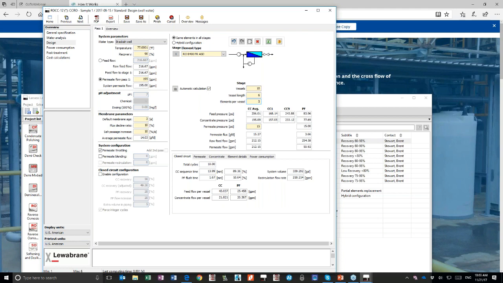And Brent, why should the concentrate flow for the closed circuit and the plug flow be almost the same? Yeah, so that's not critical. It's just a rule of thumb that I like and that engineering likes. You could argue that closed circuit is probably more important. During closed circuit, you're running at high recovery, so you want the high cross flow to keep your betas down.